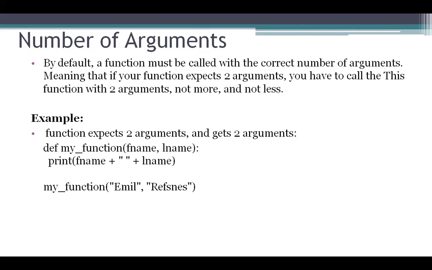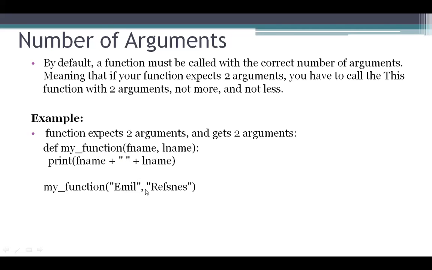Number of arguments. If we are calling the function, it must be called with the correct number of arguments. If we are defining with two, here you can see two arguments have been provided for the function while defining.